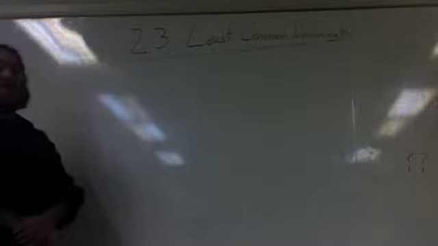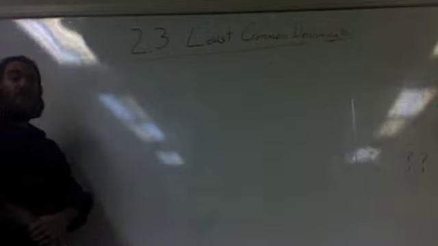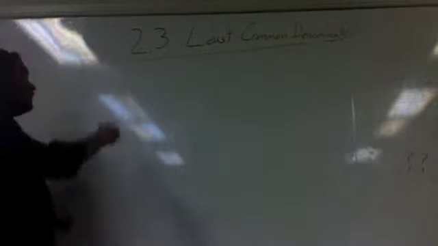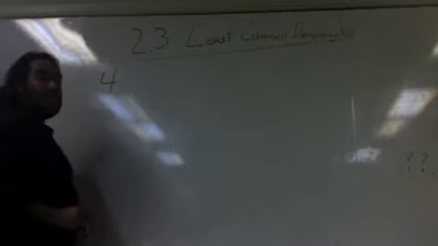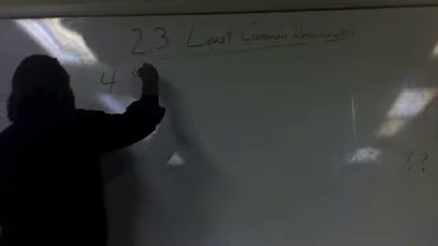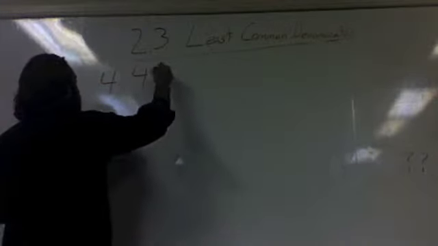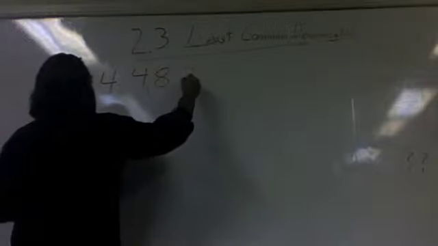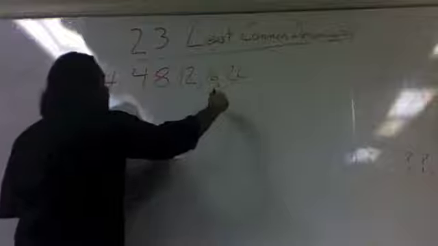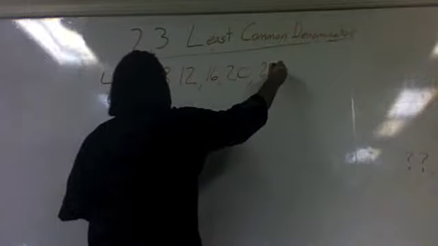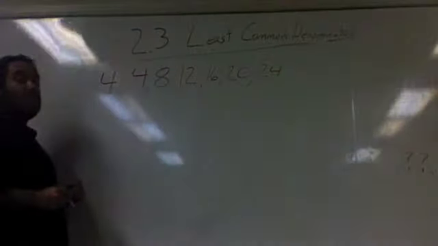If I wanted to find the least common multiple of 4 and 6, I would simply begin by writing the multiples of 4.